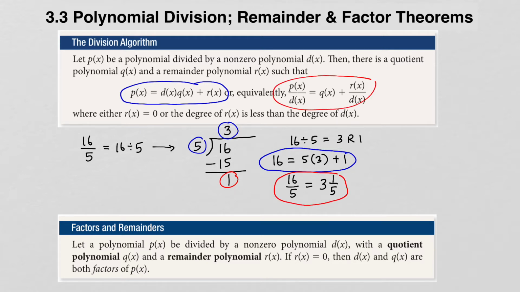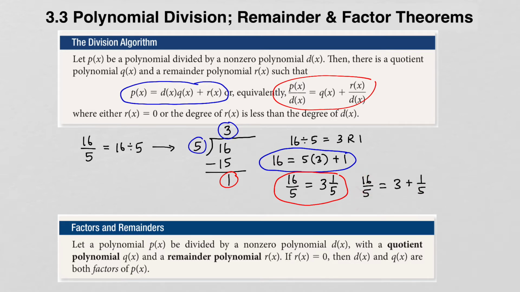And the way we know that is because when we write that second one, we can say 16 divided by 5 is 3 plus 1/5. It's just that when you have a whole number and a fraction, we don't put the plus sign in between. We take it out, and we call that a mixed number. But what it really means is 3 plus 1/5. So that's what happened here.